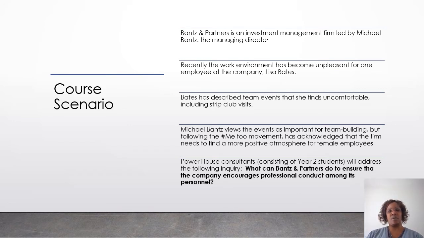So the course scenario is that at a company known as Banson Partners, there's a managing partner there named Michael Bance. This is an investment management firm, and the work environment there is less than desirable for females. That was discovered by one of their employees, a female named Lisa Bates.